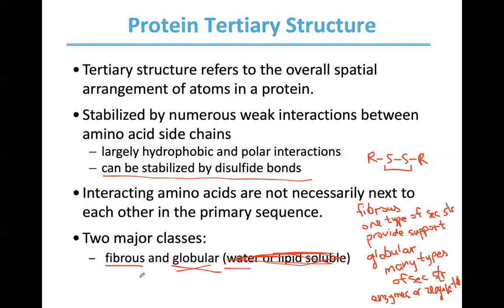So the fibrous proteins are not capable of presenting their polar groups on the outside surface for water solubility. Now, globular are just the opposite, right? So many enzymes are water soluble. Although there are enzymes which are lipid soluble too.